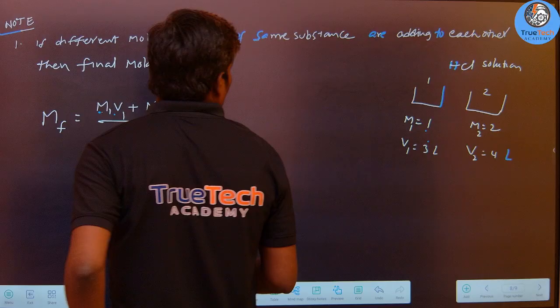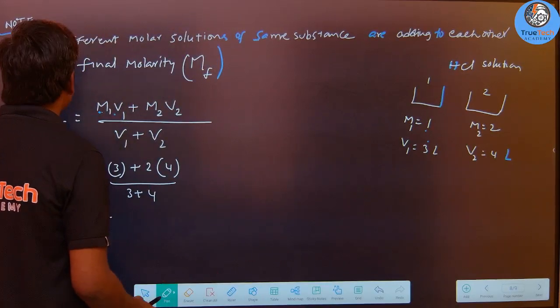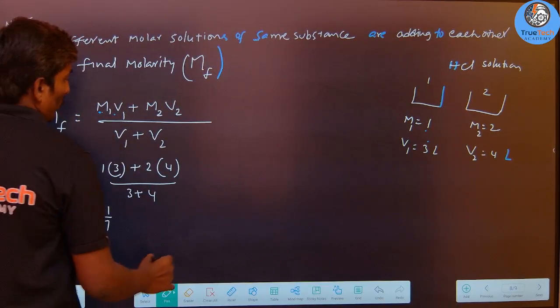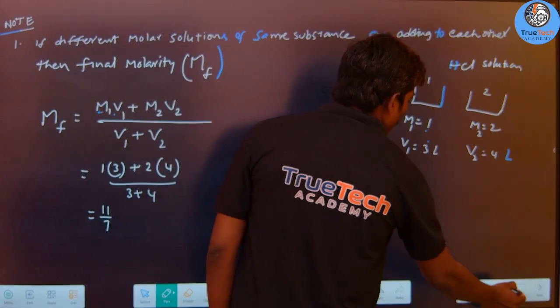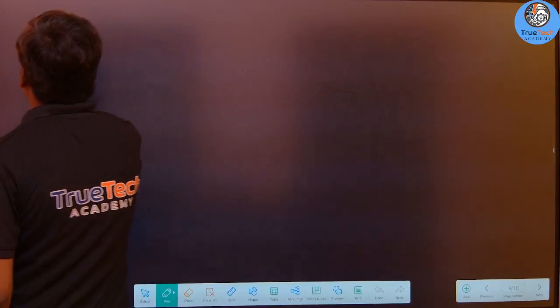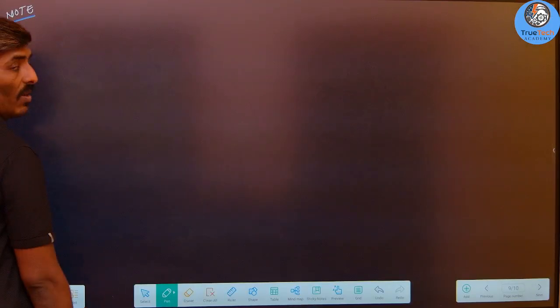Similarly, there is another combination also. So here I am writing the second point. Like the first point, same substance with different concentrations we are mixing, and to that we are adding some extra solvent also.